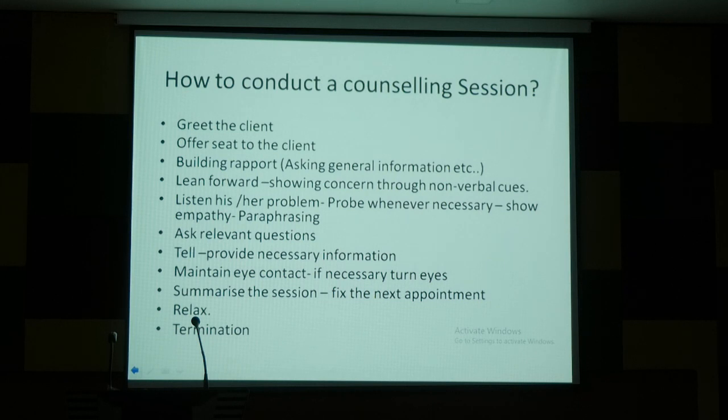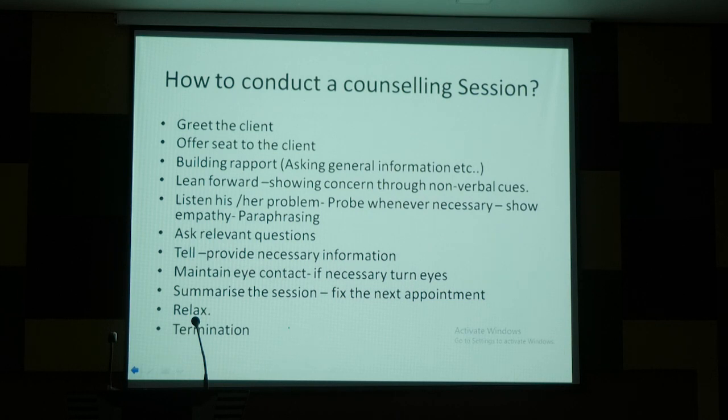Ask relevant questions. Once it is over, then you tell. You provide necessary information to the patient, what to do, what not to do. Then maintain eye contact. If necessary, turn your eyes.